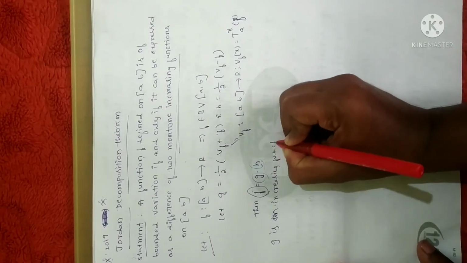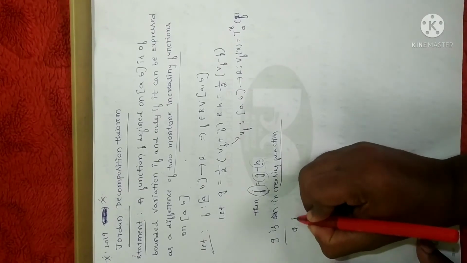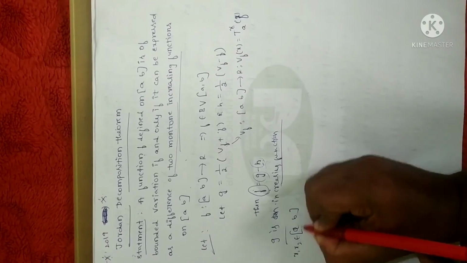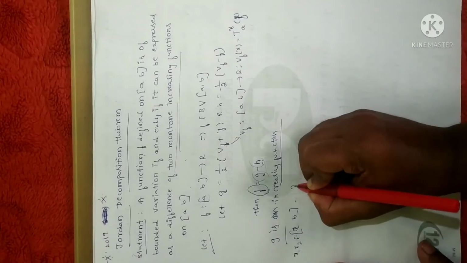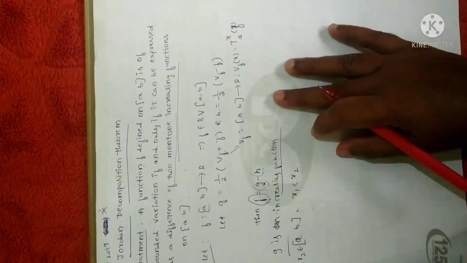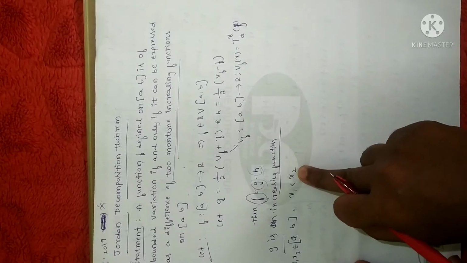To prove this, let me consider two elements in a closed interval [a,b]. Let me take x1 and x2 as two elements in the closed interval [a,b] in such a way that one is less than the other. That is the meaning of increasing, right? So I have considered two variables in an interval such that one is less than another.